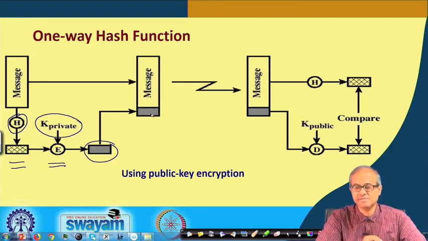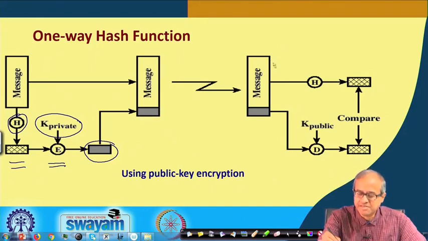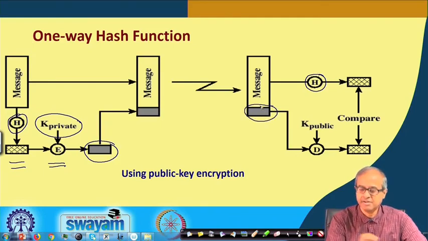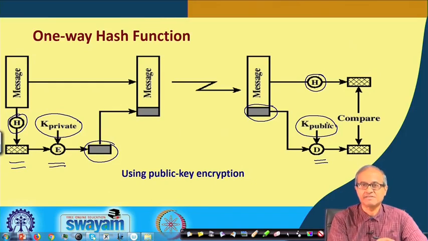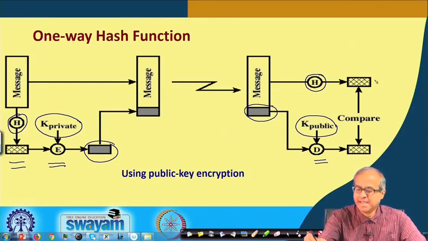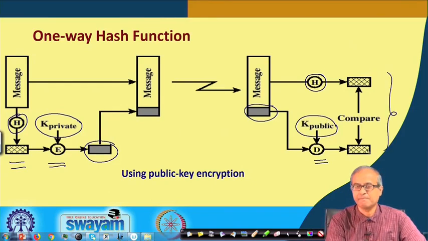At the receiving end, something similar is happening. With the message part, the same hash function is applied, and with the encrypted hash part, a decryption algorithm is run with the public key of the sender. Then we do a comparison.